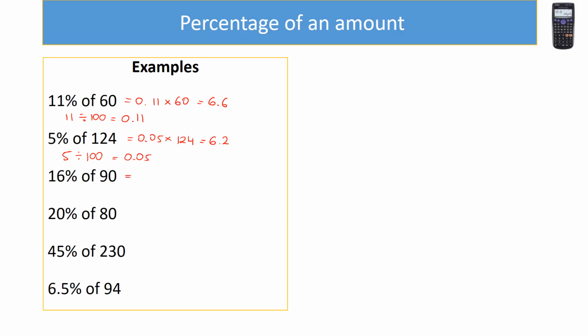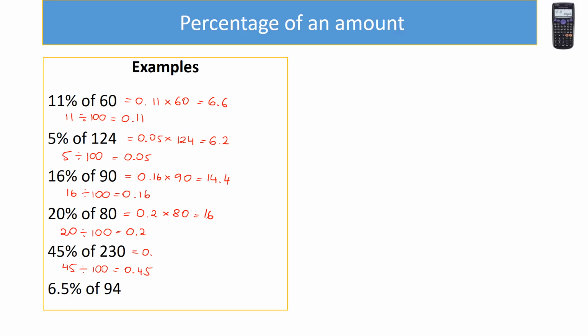To work out 16%, that's 16 divided by 100, which is 0.16, and 0.16 times 90, which is 14.4. To work out 20%, first, get the multiplier, that is 0.2, so 0.2 times by 80, which is 16.